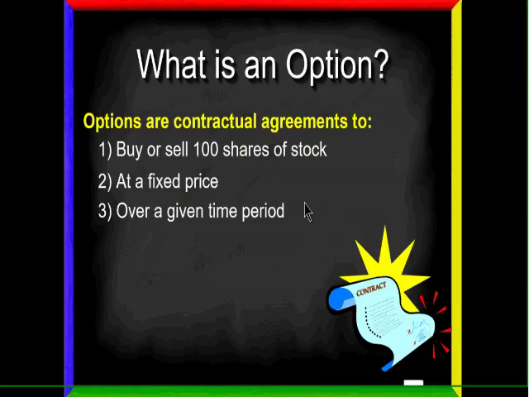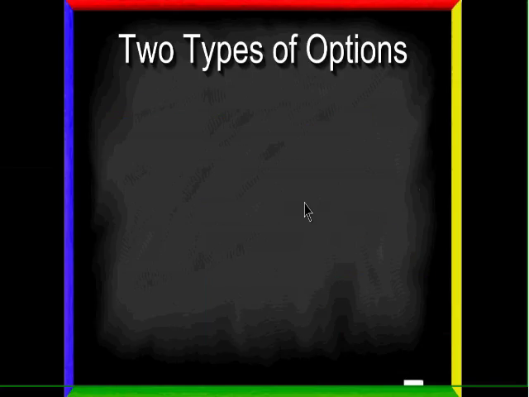We have two types of options. And this is one of the things I find so interesting, that with all the powerful strategies and wonderful things we can do, it all comes down to two different types of options. So if you know these two things, it's going to get you ahead of the curve. There are call options and there are put options.